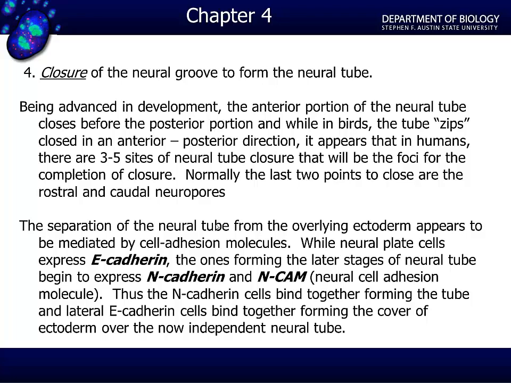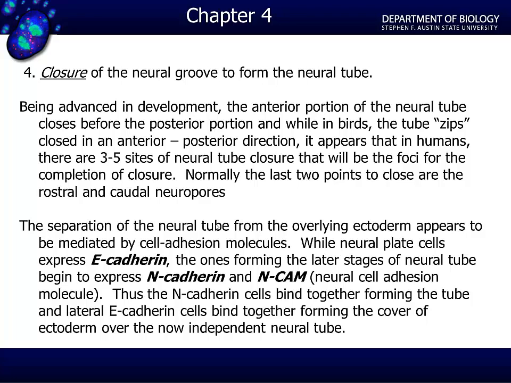So our surface ectoderm here has these epithelial type cell surface receptors, and that's what holds them on one to another. But then as we see the crest starting to fold over, we see that the neural tube cells begin to express N-cadherin. Now, N for the N-cadherin stands for neural cadherin. And then we're also going to see N-CAM, a neural cell adhesion molecule.